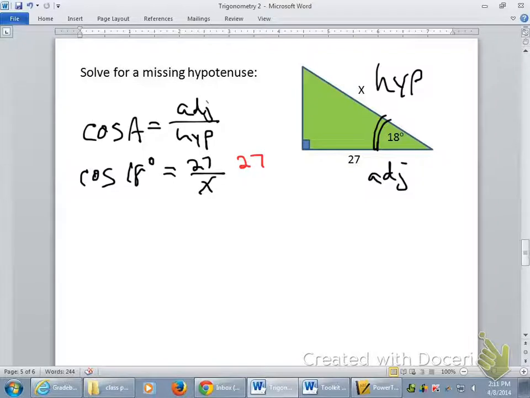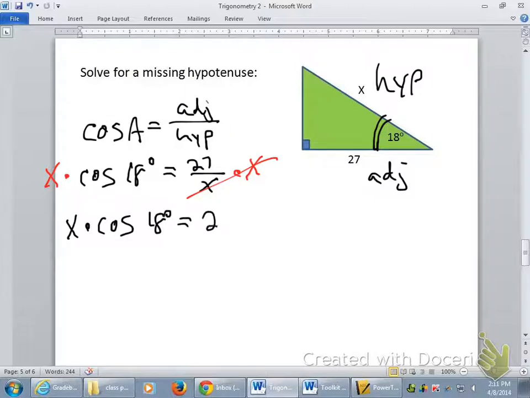Multiply by x. I'm going to multiply by x, and the x will go away on the right-hand side. Really, it just moved to the left. So this actually has one extra step in it. Now I've got x times the cosine of 18 degrees equals 27.